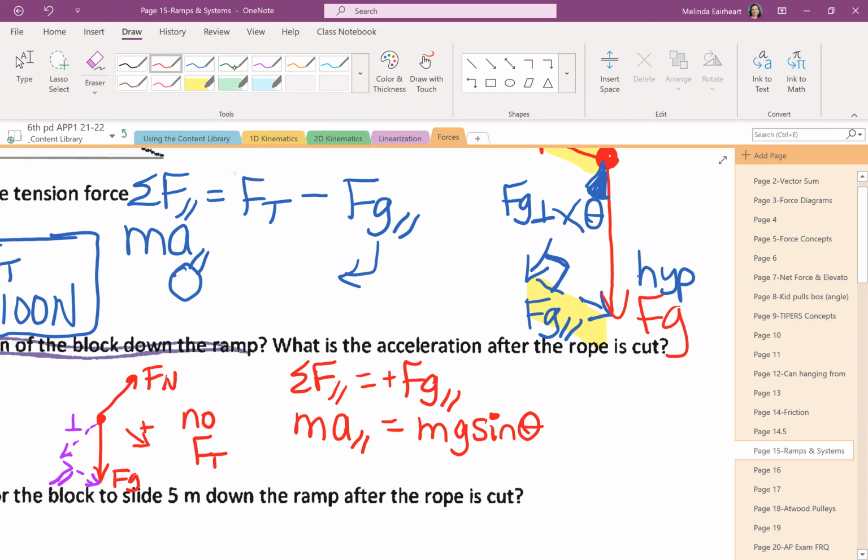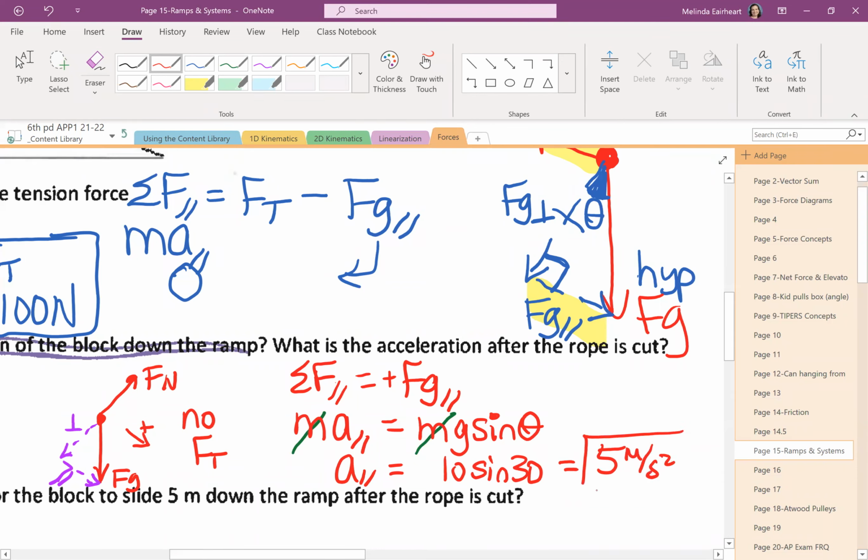We can cancel it out. Divide both sides by mass, cancels out on both sides. And so now the acceleration would be 10 sine 30. We already said earlier, sine 30 is 1/2. What's half of 10? 5 meters per second squared. Yes. Good deal here.